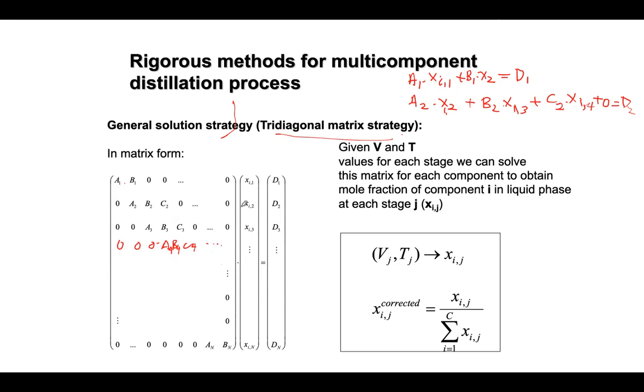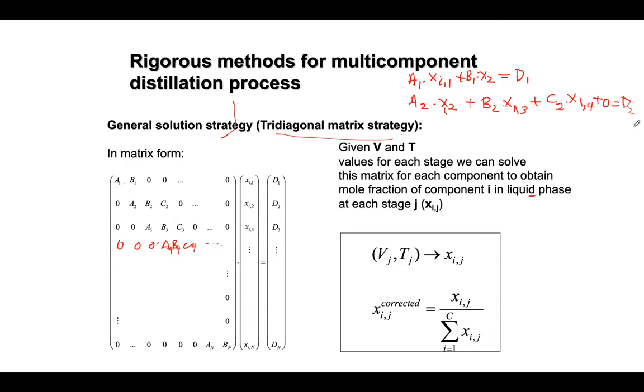You can also maybe learn in a computation course how, if you have a number of equations like this, to solve them simultaneously. And here, for each stage, we can solve the matrix for each component to obtain the mole fraction of component i in the liquid phase at each stage, or xij. Then we can get the corrected xij by dividing xij by the summation of xij.